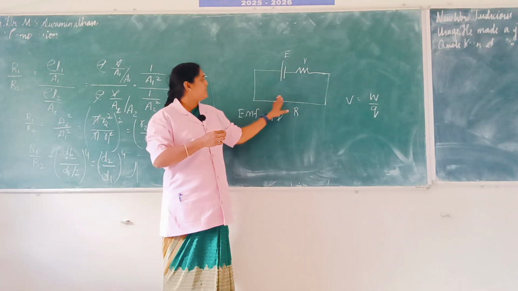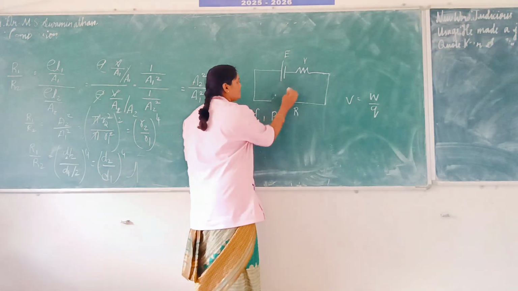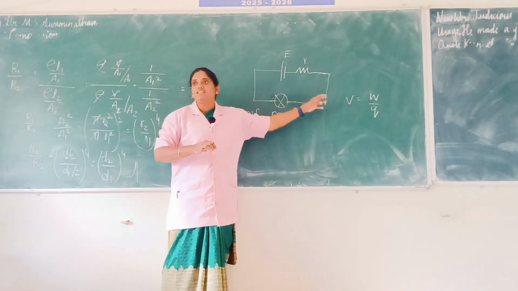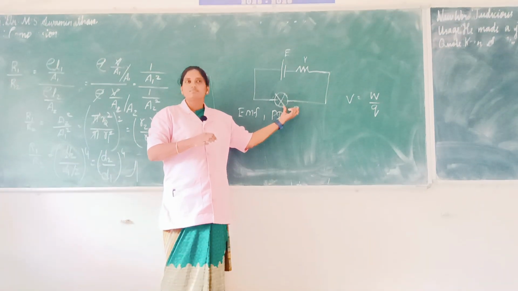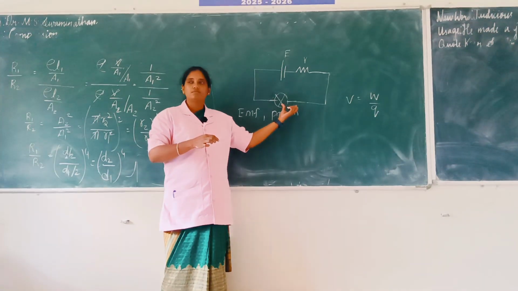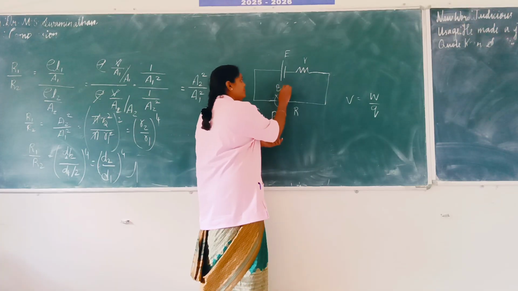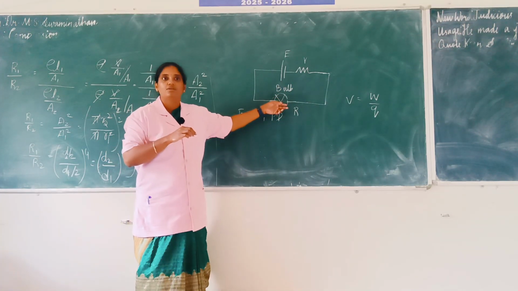But if I include a resistance here, a load here, or else a lamp, on receiving the charges, what happens? It is a bulb, okay. The lamp starts to glow.